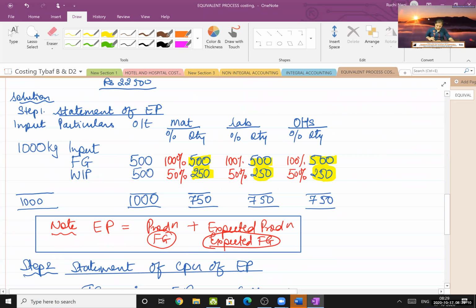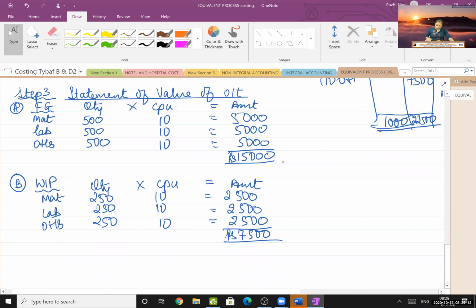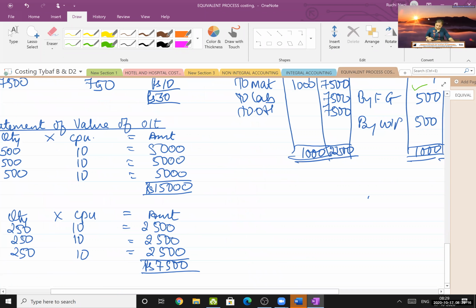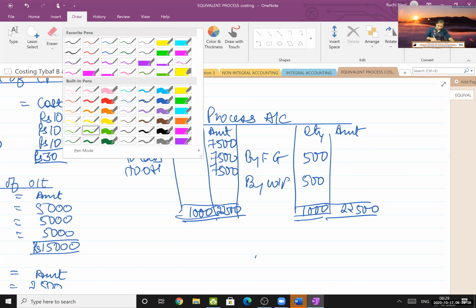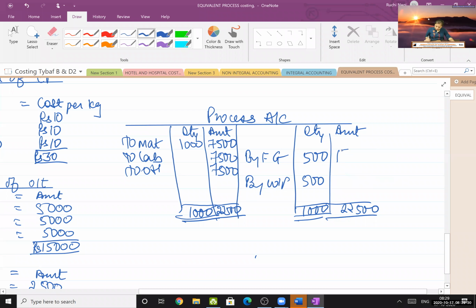That is in step 3. Value was how much? 15,000 and 7,500. So see, 15,000 and 7,500. Step 3.